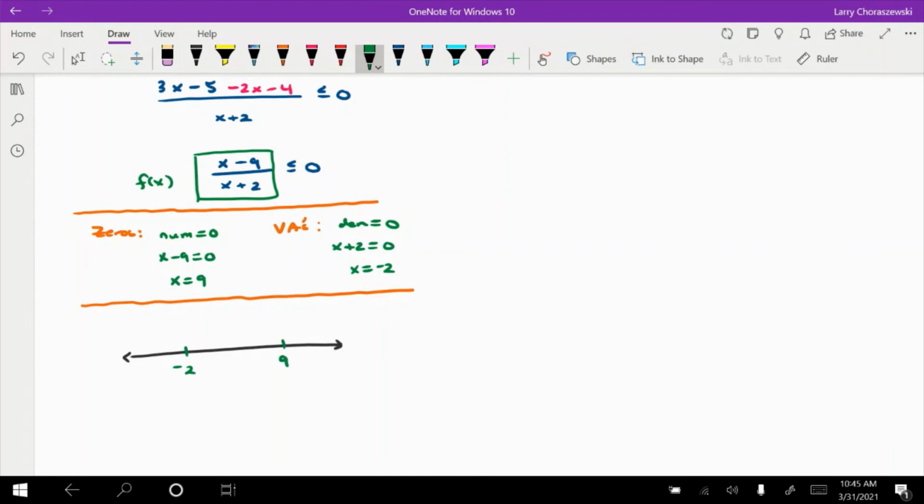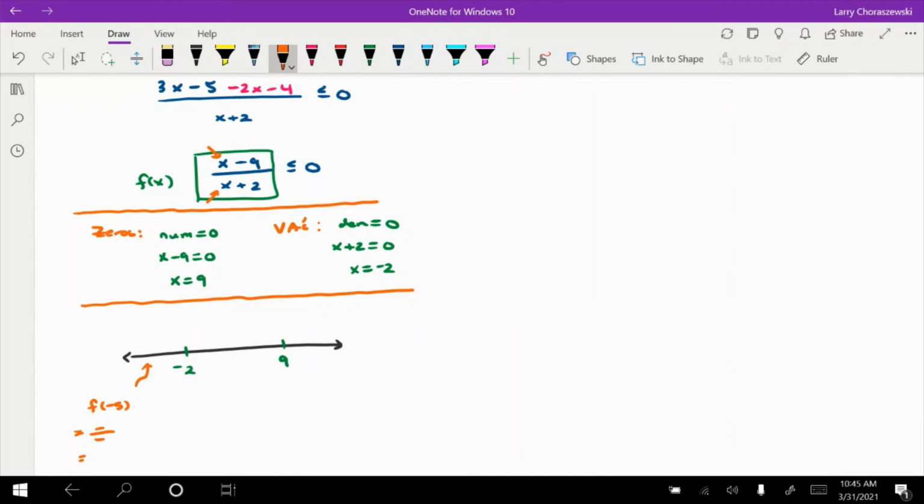And we're going to test values on these three different sections of the number line into our function f of x. Does anybody want to give me a value that's less than negative 2? Okay. If we plug negative 5 into our function, that's going to be a negative on top as well as a negative on bottom.